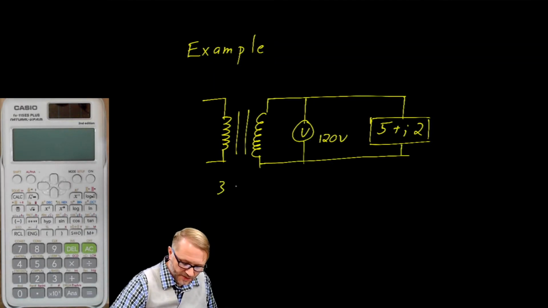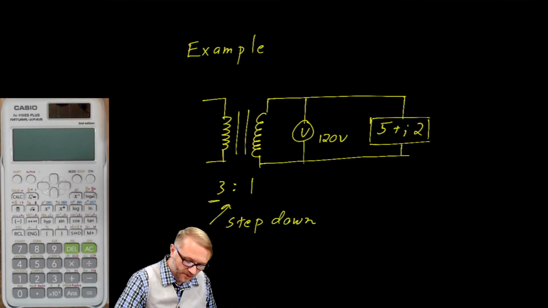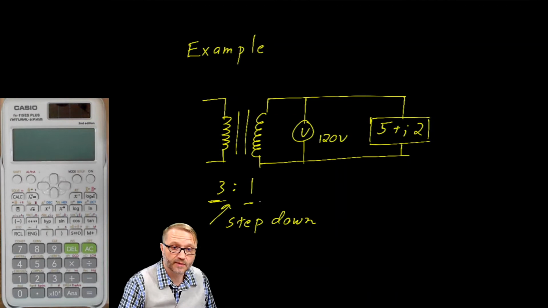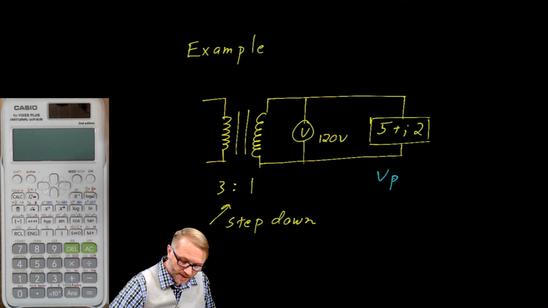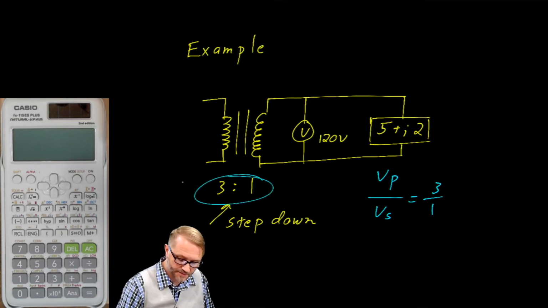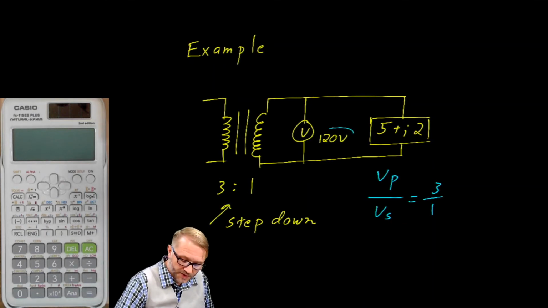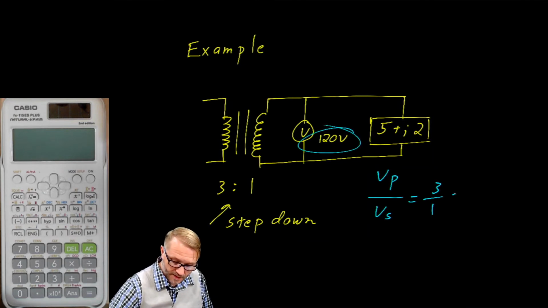We'll let this be a 3 to 1, and we would call this a step down transformer. So we're taking the high voltage side on the primary and we're moving it to low voltage on the secondary. Volts primary over volts secondary is equal to 3 to 1. That's what this says. We know the voltage on the secondary, so that would work out to volts primary over 120.